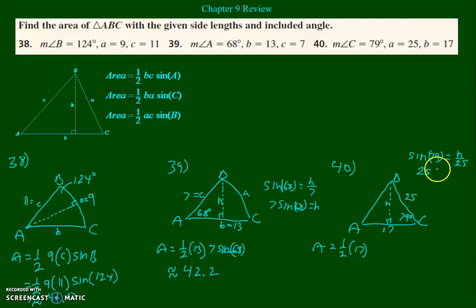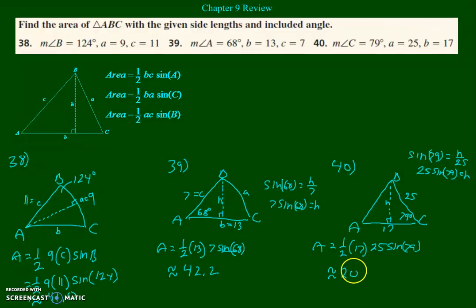So 25 sine 79 equals h. So this is going to be 25 sine 79, and that's going to be this piece right here. That comes out to 208.6. All right, let's move on to problem 41.